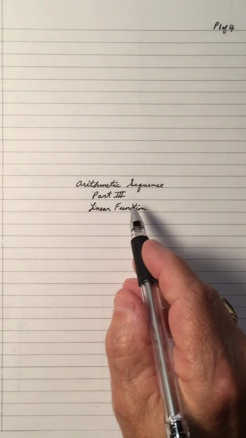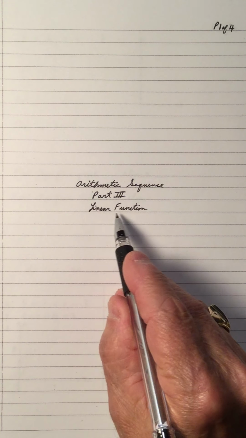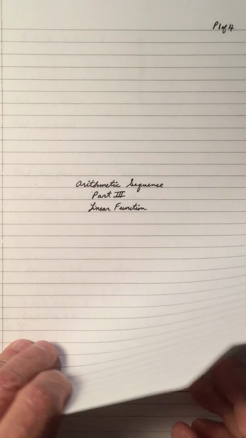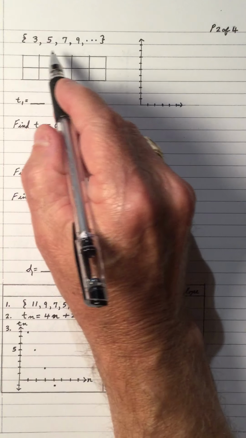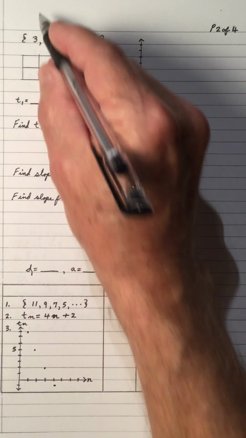Hi, and welcome to my video on arithmetic sequence part 3, and this video is about a linear function. We have a sequence which is 3, 5, 7, 9, and so on.